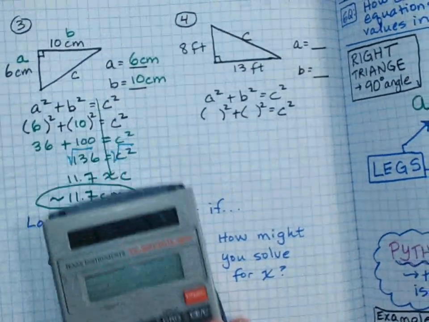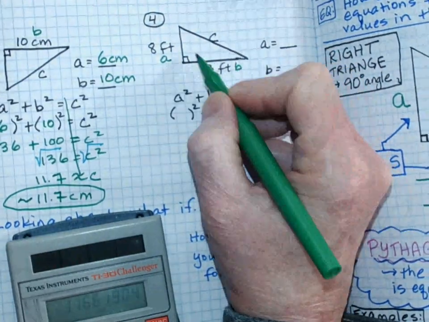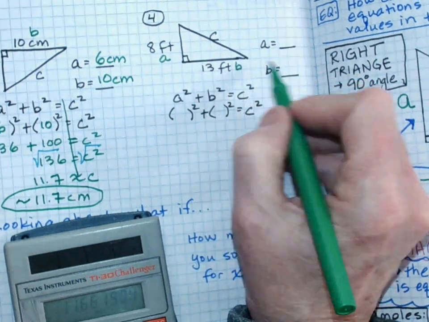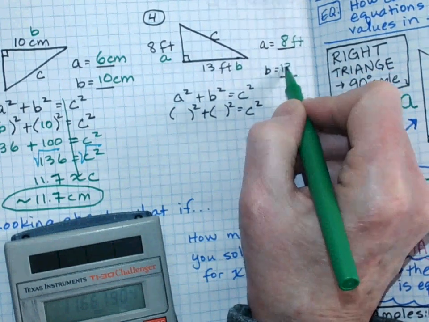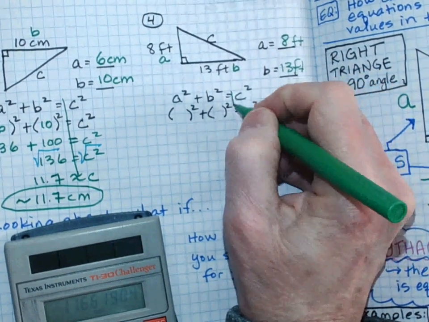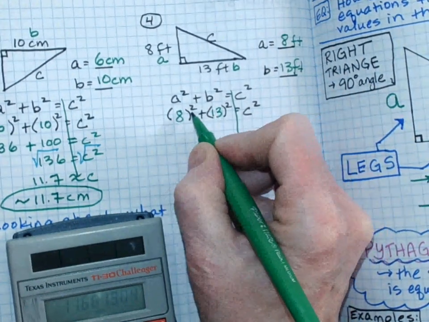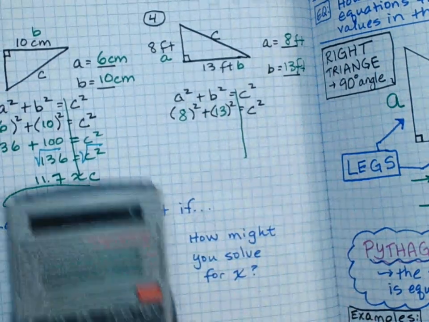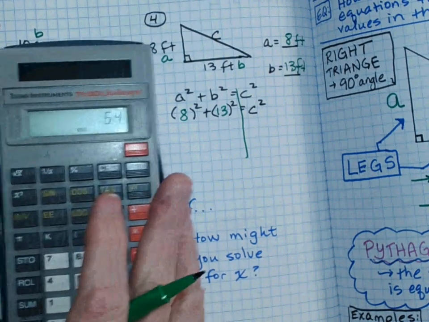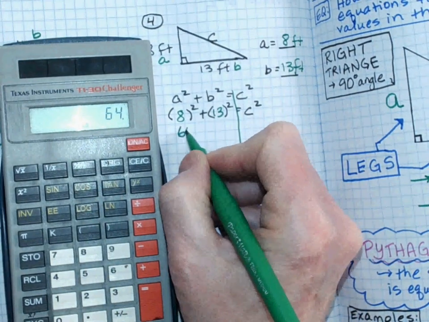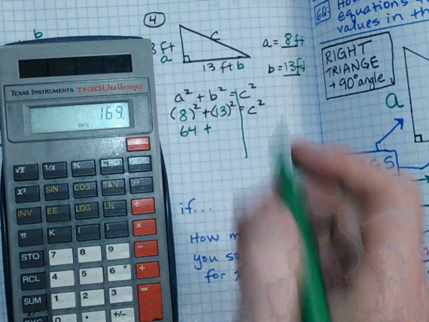All right, so this problem over here, I'm going to say this is A and this is B. These are the sides that form the right angle. Doesn't matter. 8 feet and 13 feet. So I'm going to say A is 8, B is 13. 8 squared, I know what it is, 64. And 13 squared is 169.